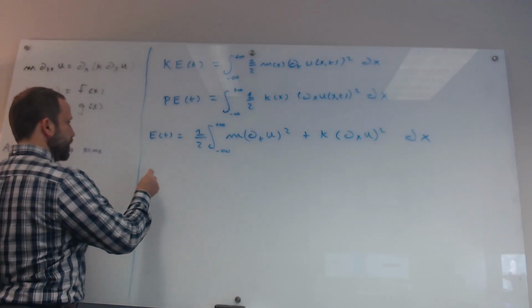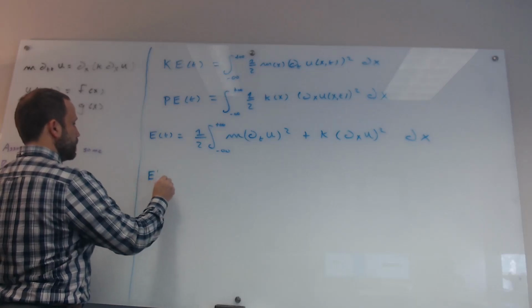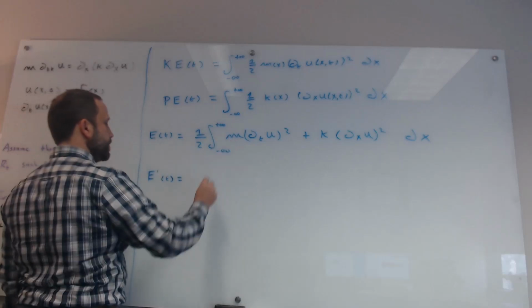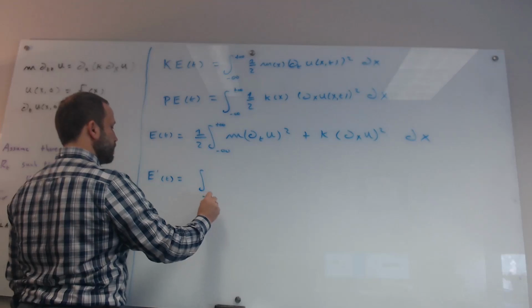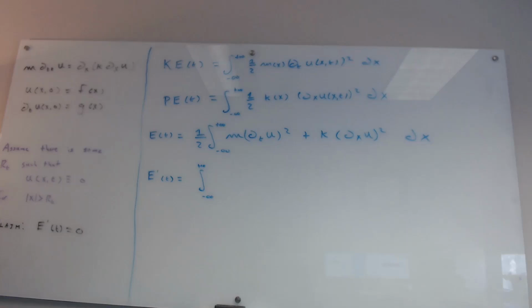So if I differentiate this on the left-hand side, I'm going to get E prime of t. Now when I do the differentiation, you'll see why I'm not writing the 1/2 in just a moment. I've got the integral from minus infinity to positive infinity. By assumption, u is compactly supported and it's continuous, and its derivatives are continuous, so I can move the differentiation inside the integral here.